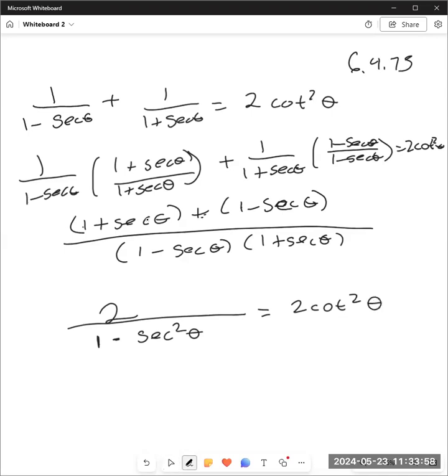And we're going to use the identity that 1 plus cotangent squared is equal to cosecant squared. So, no, sorry, 1 plus tangent squared is equal to secant squared.